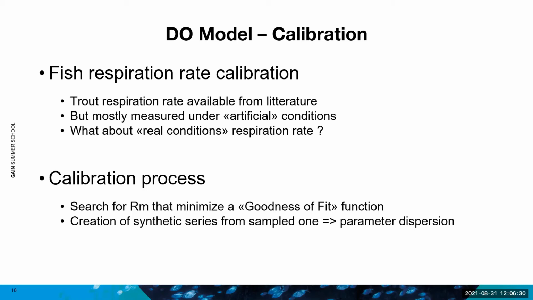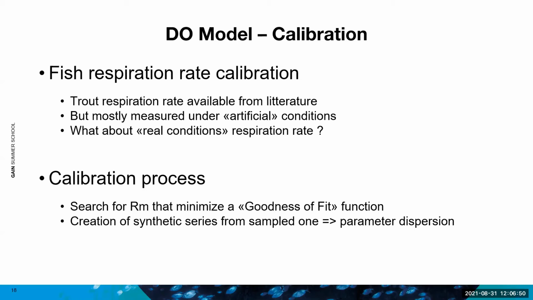We made a quite simple calibration process, which is a very common thing when we work with modeling activities. We try to find the respiration rate, Rn, that minimizes a goodness of fit function.